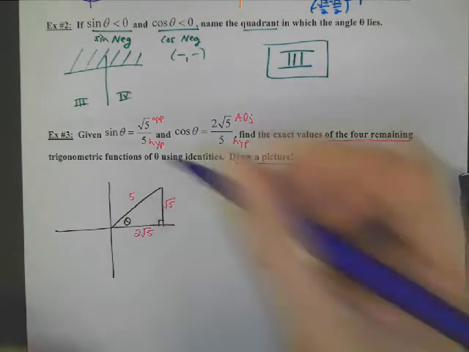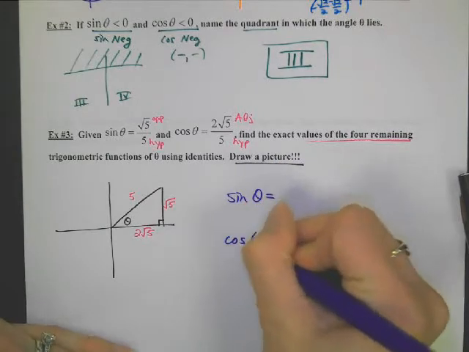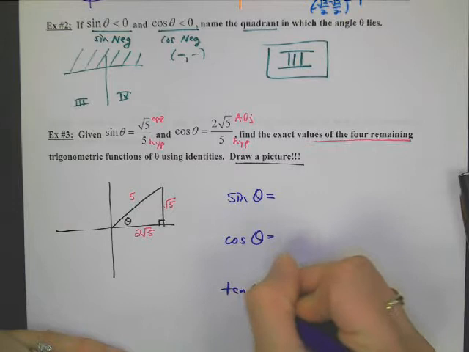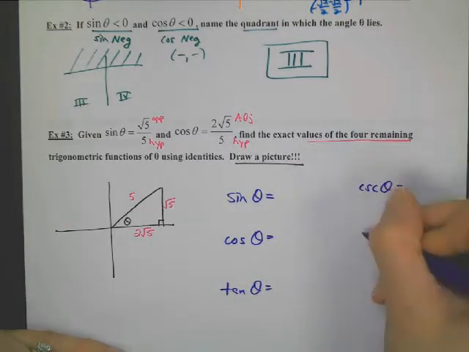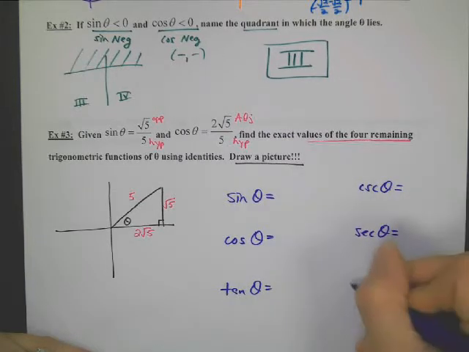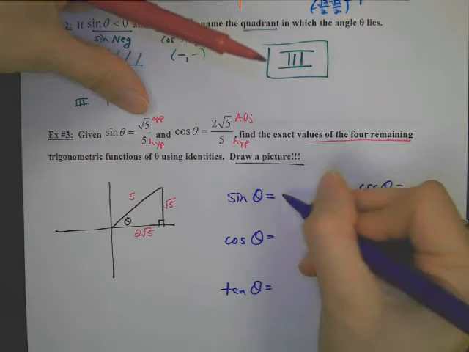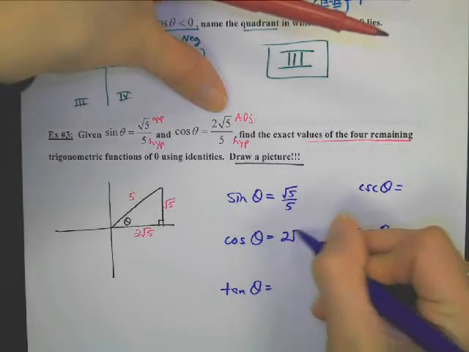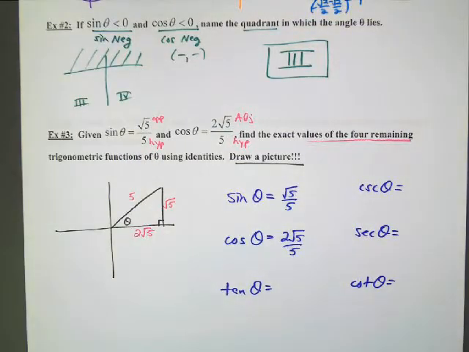All right, I'm going to go ahead and write down the 2 that they told us, sine and cosine. The other ones they want us to find are tangent, and then the 3 reciprocals, cosecant, secant, and cotangent. They told us sine is radical 5 over 5, and cosine is 2 radical 5 over 5. So let's find the other ones.